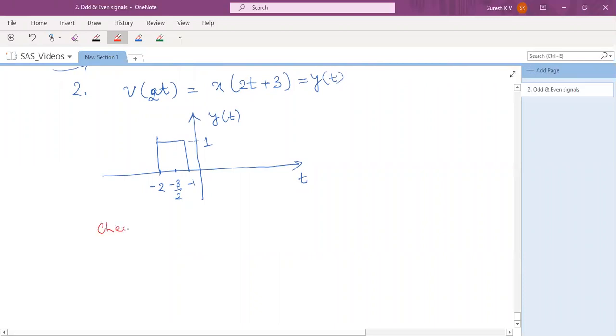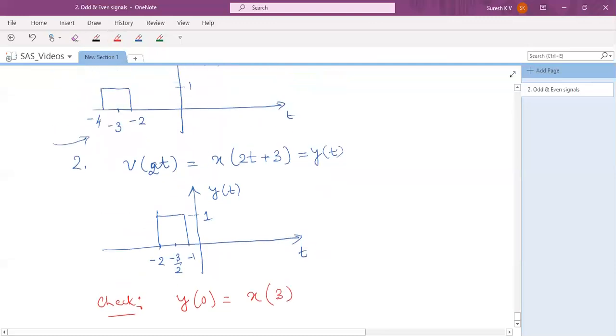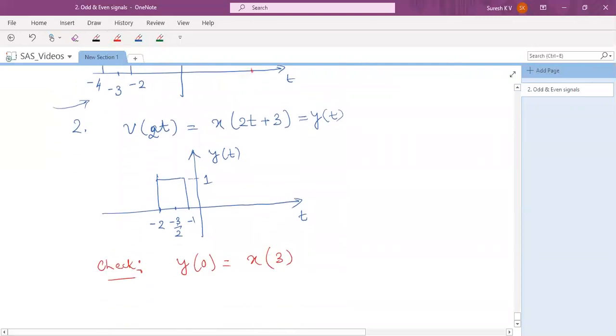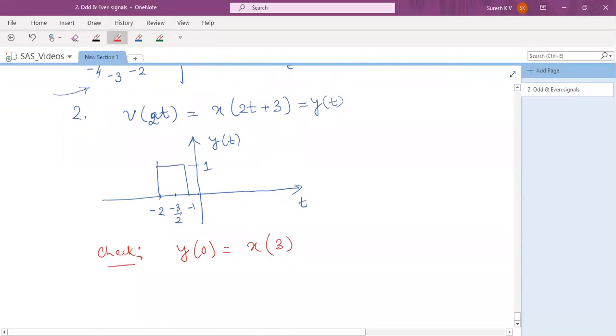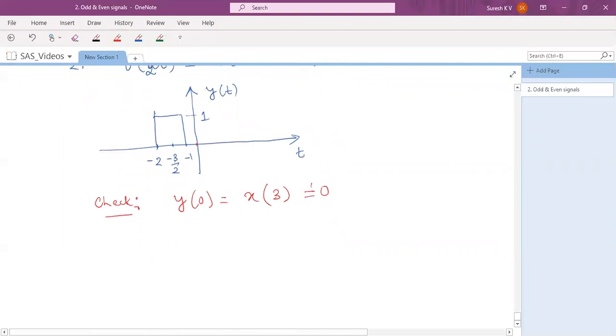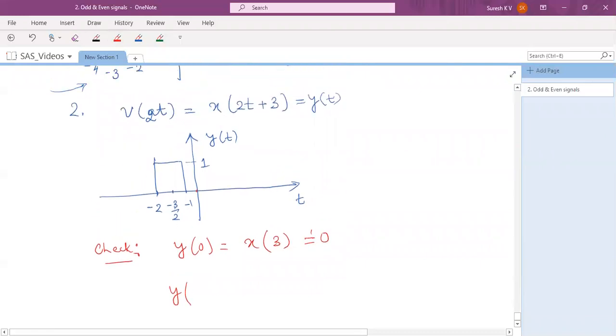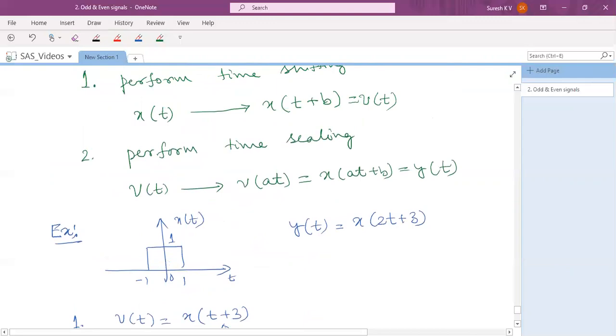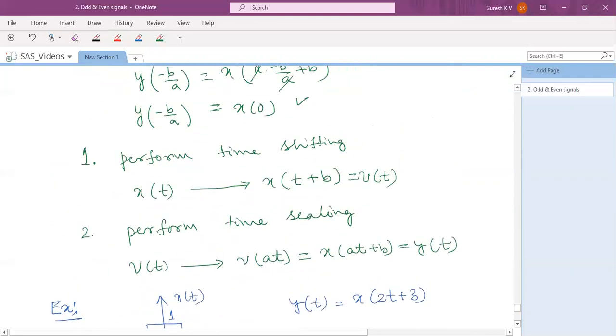So this is as per the precedence rule. Let us check by using the condition that I told. As you know, y of 0 should be x at 3. So you can observe here x at 3 is 0. So y at 0 is 0. So the first condition is checked. Next one is y at minus b by a.